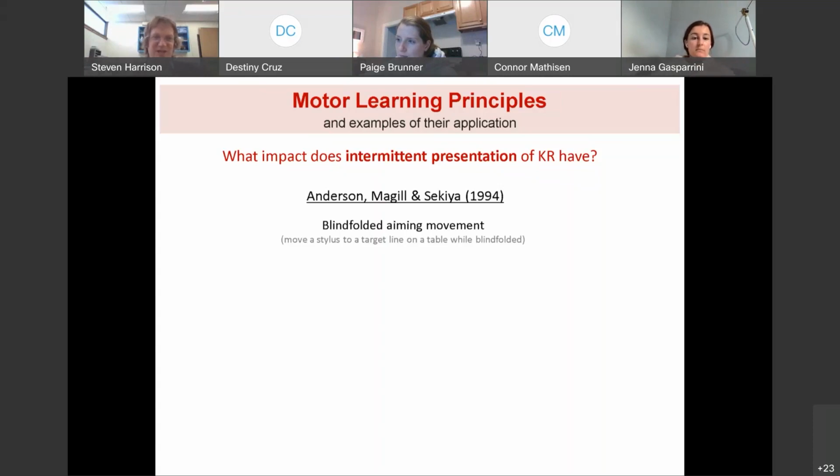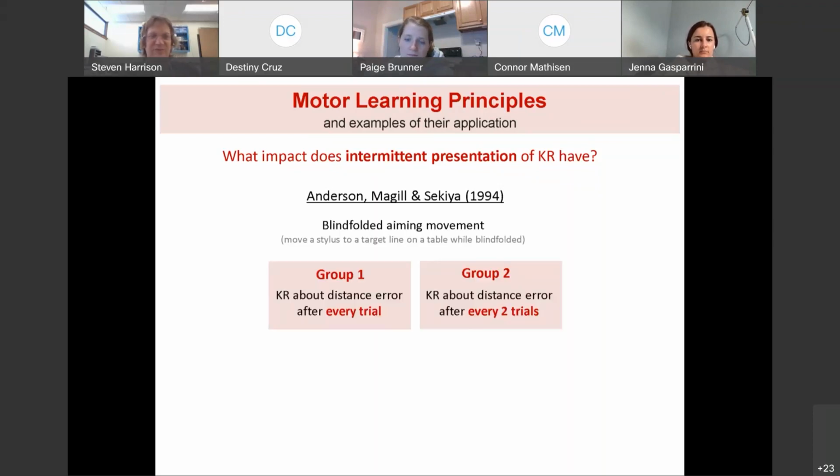So here we have a nice illustration, a design that is implicitly connecting to the point I was making earlier. Okay, we've got two groups in this experiment. We're either going to provide knowledge of results about your distance error, about how closely your movement got you to the line, either at the end of every single trial or on every other trial.